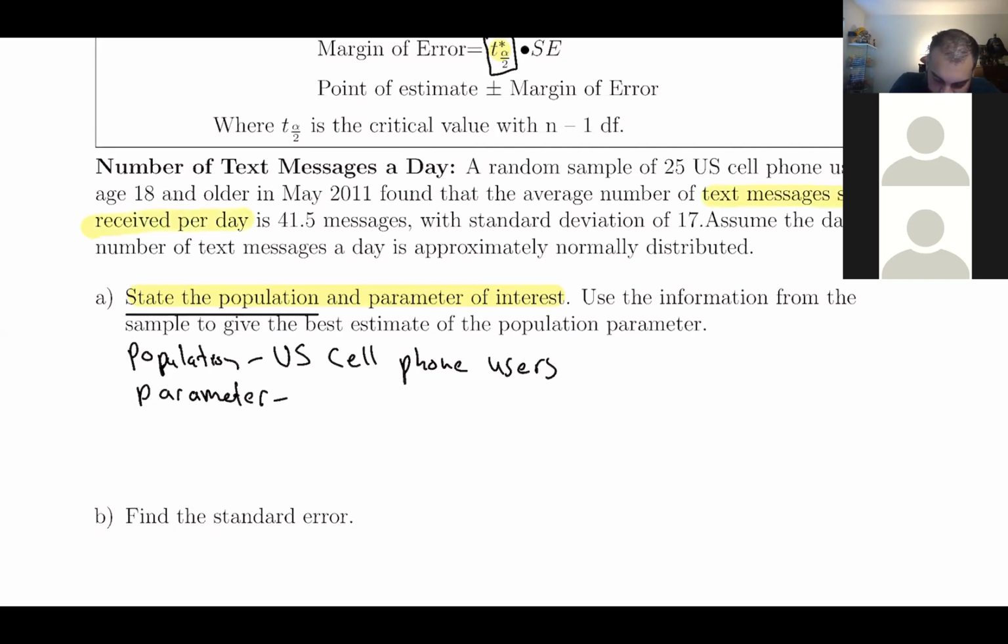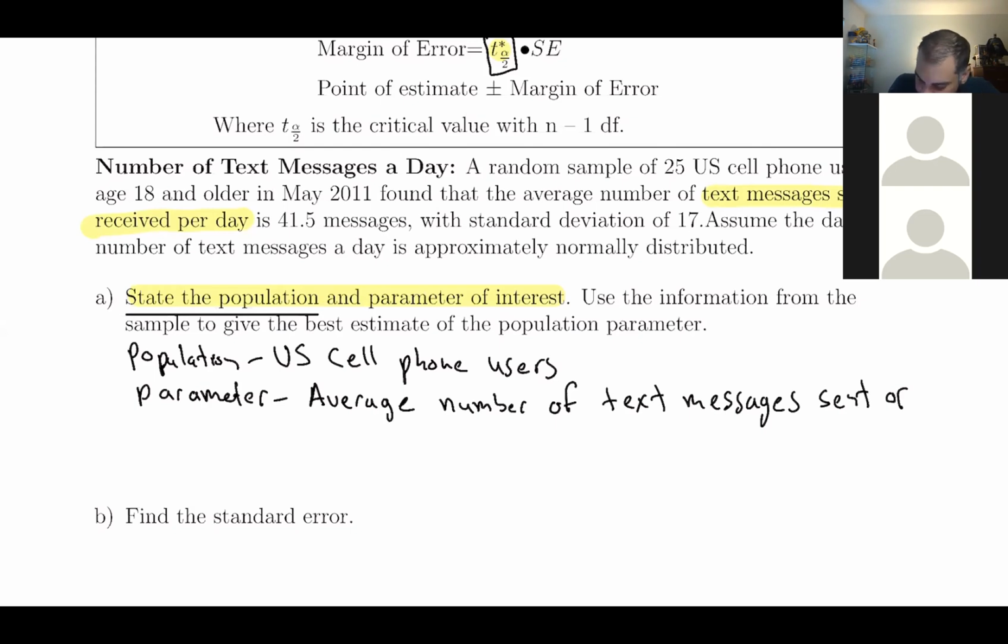So we'll say, oh, the average number of text messages sent or received per day. All right, so that's our population and that's our parameter. So the parameter is the average number of text messages sent or received per day.